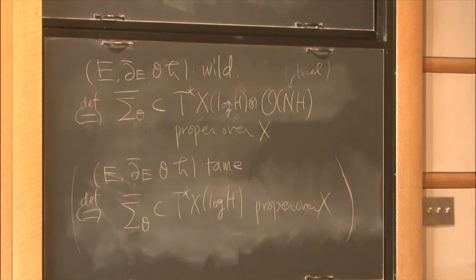And if we are given a polarized complex variation of Hodge structure on X minus D, then this is tame.